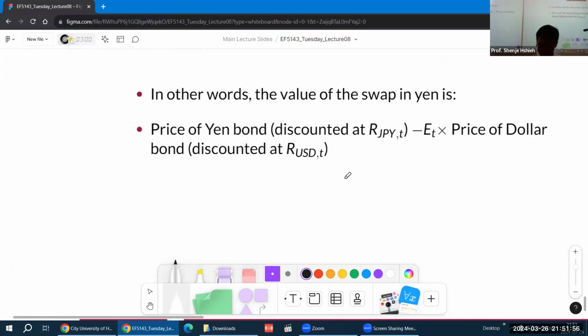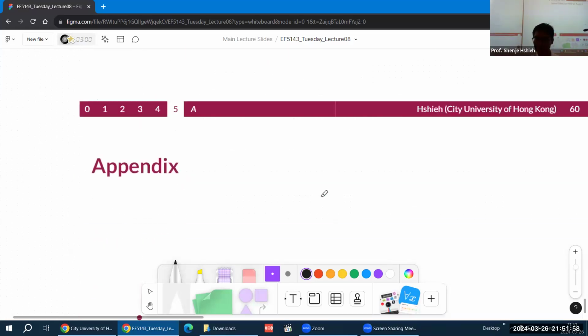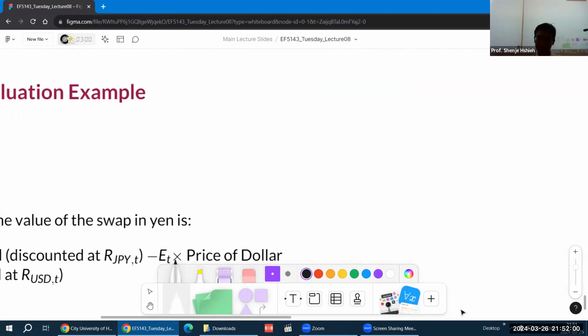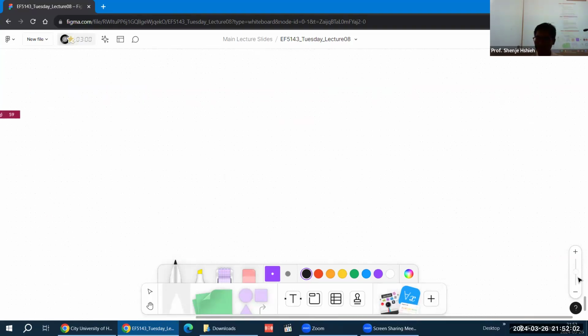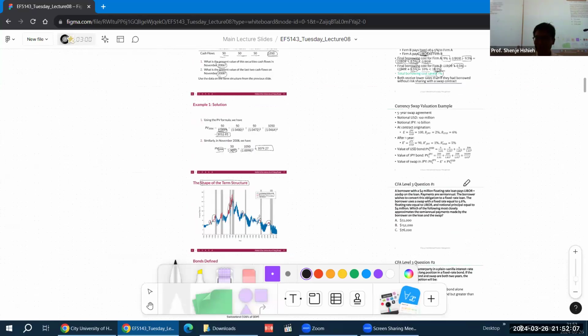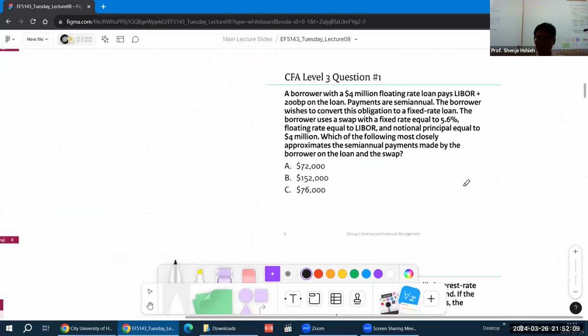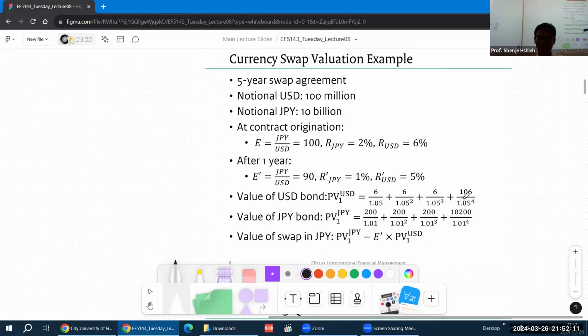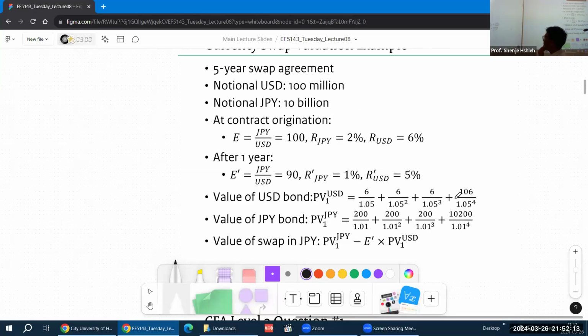Okay, so I've already shown this, so let me summarize in just 1 minute, and then call it a night. So swaps are super easy to calculate.